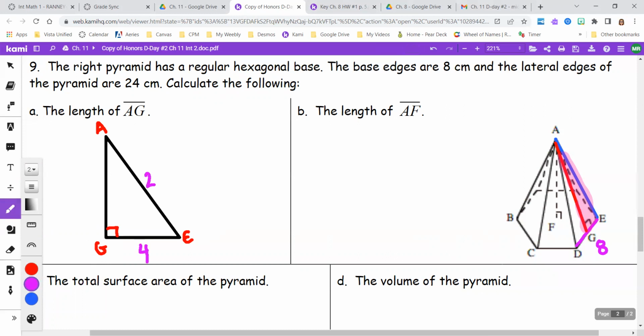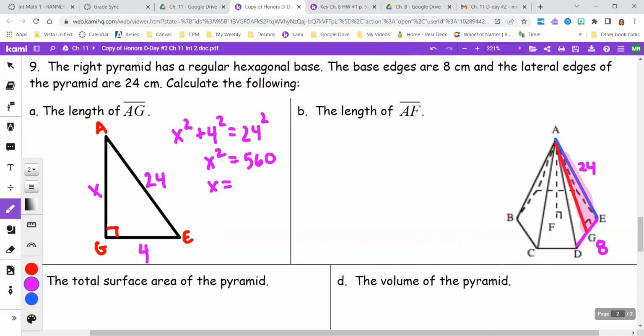We know the lateral edge was 24. I didn't put that over here, that was 24. And we want to find, I'm just going to call this X. So I'm going to go X squared plus 4 squared equals 24 squared. When I do that math, let's say 24 squared minus basically 16, I get 560.